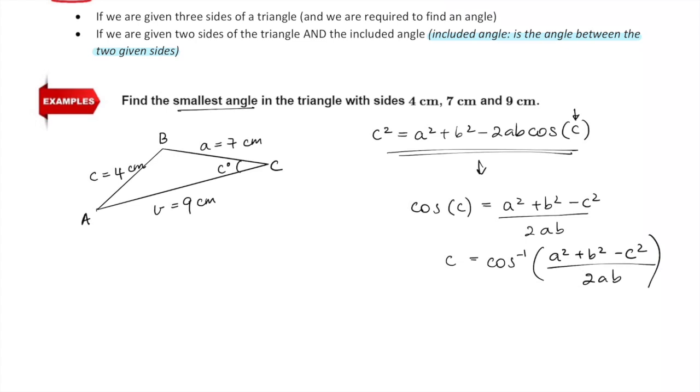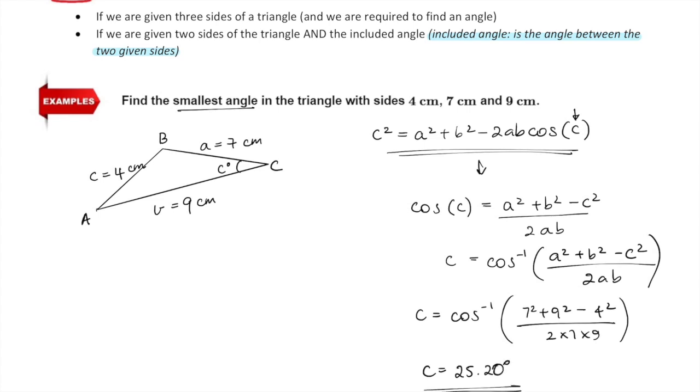Subbing in all my values now, I'm going to get C is equal to the inverse of that. I'm going to end up with C is equal to 25.20 degrees. And that's it.